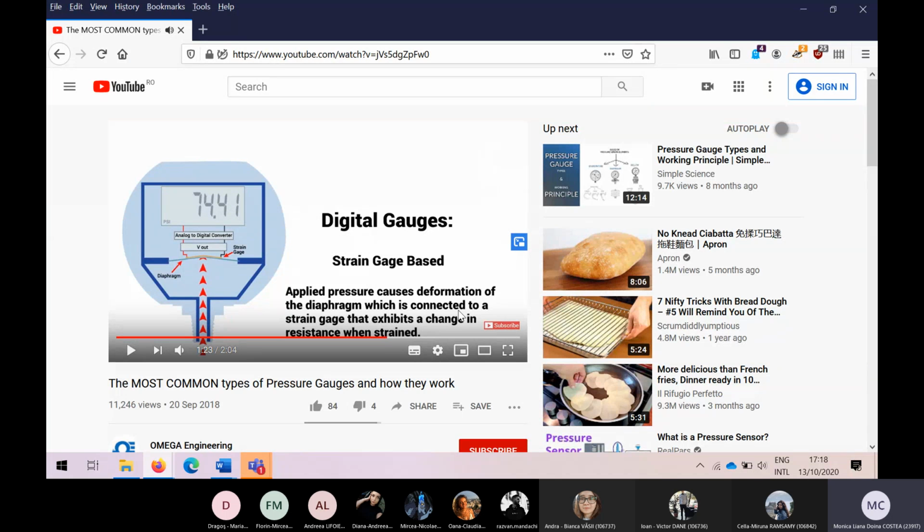So you see this strain gauge based one is actually directly a digital gauge, so you don't see what's inside, you see only the indication, and this is all. That's why it's also important to know the principle and to have an idea of what's happening inside such digital gauges.